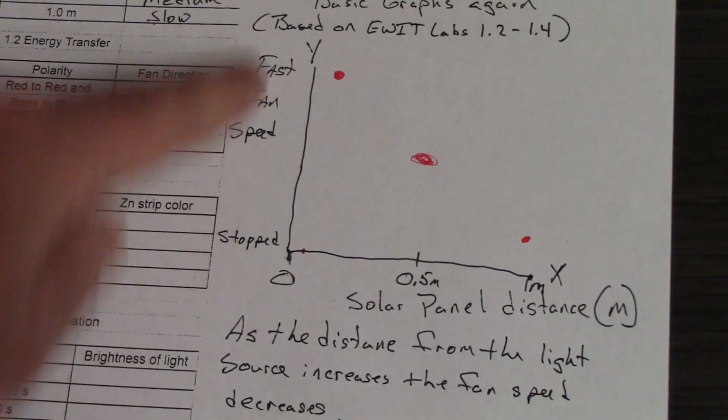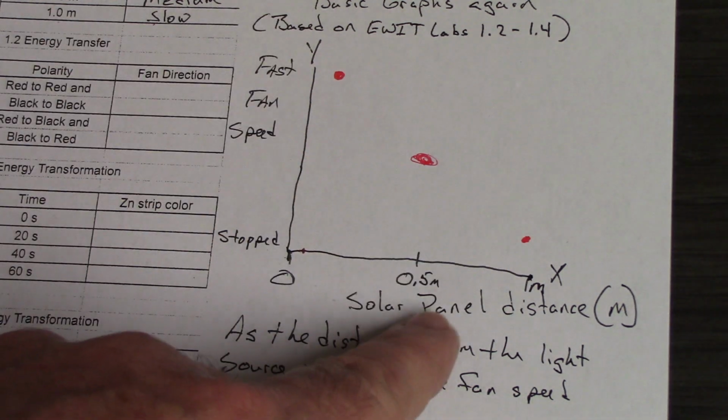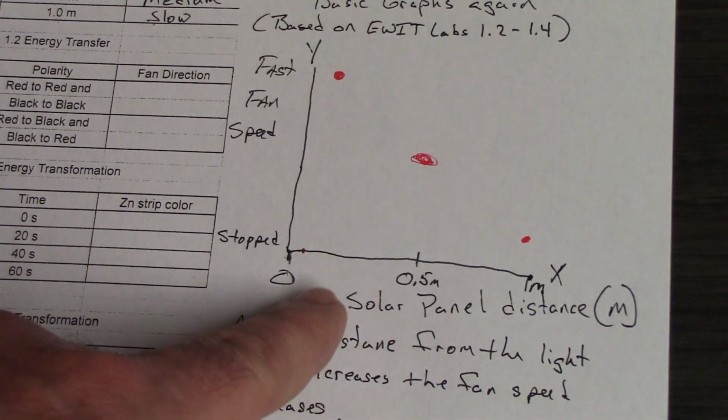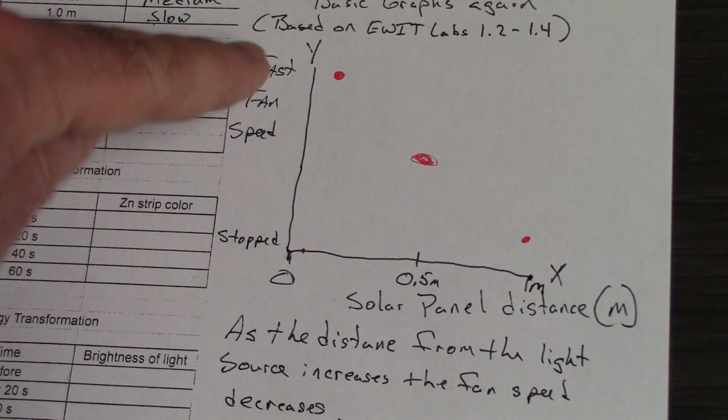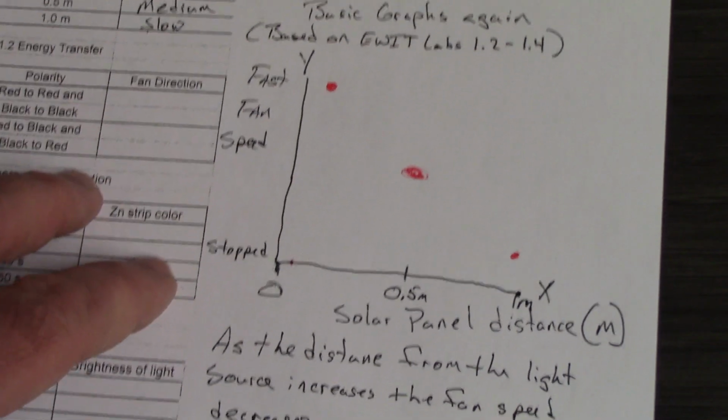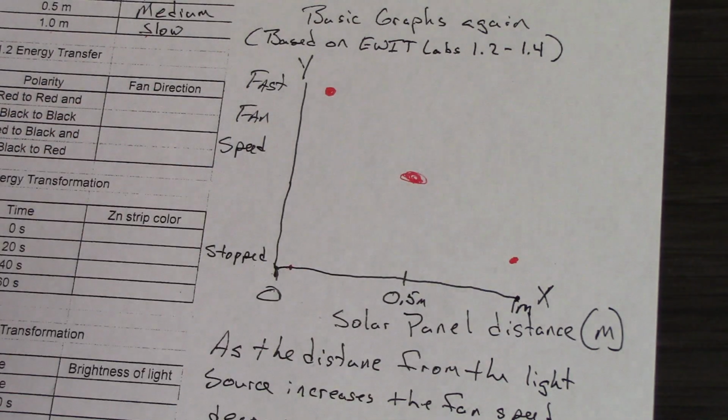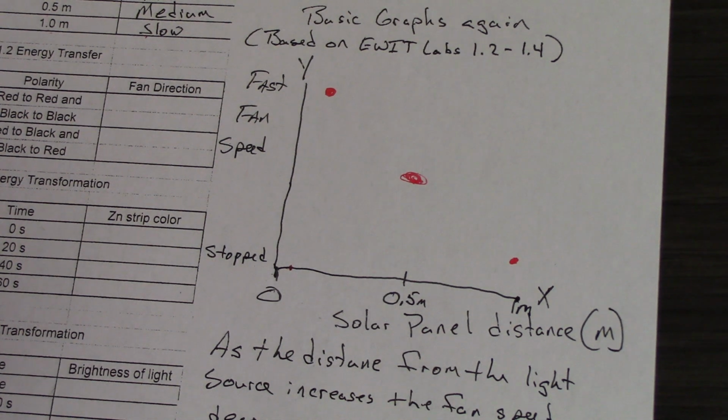So we've got our set of axes, our labels. We've got some units where appropriate. This side doesn't have units, but it does have descriptions. We've got our data put on here. There's one thing missing, and that is a title.